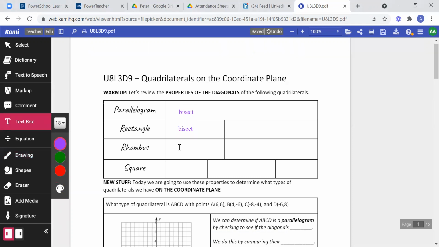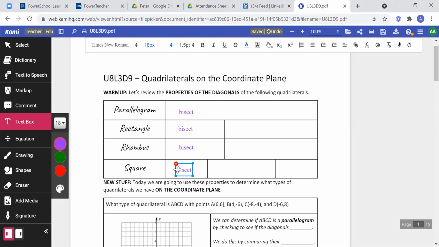Do they bisect? Yeah. Okay. In a square too, do they bisect? Yeah. Okay. So it means in these 4 quadrilaterals, the diagonals will always bisect each other. They will definitely intersect. And in addition to that, in a rectangle, what did we say about the diagonals?